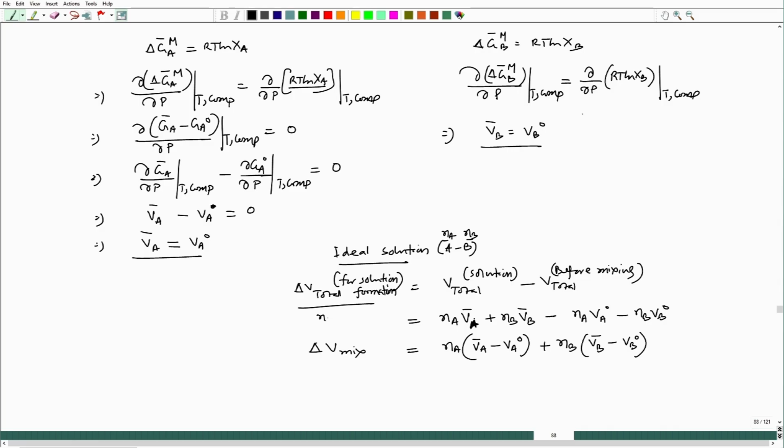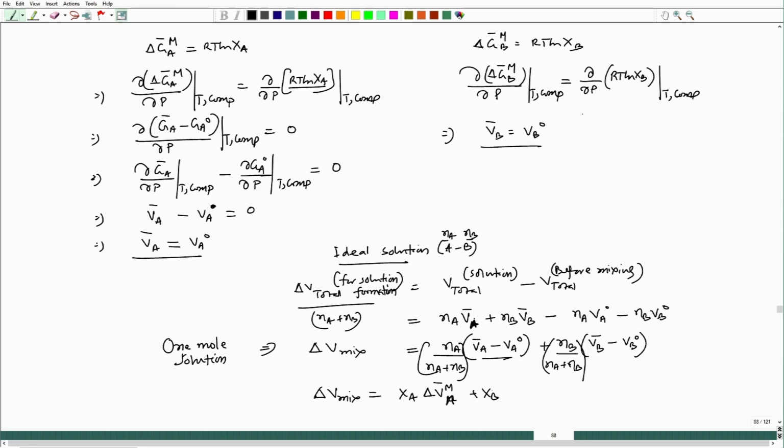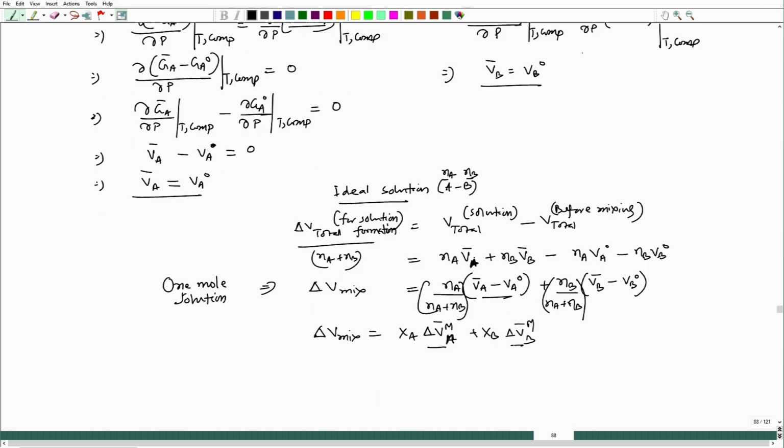So, if we divide this by Na plus Nb, it becomes, for 1 mole of solution, delta Vmix equal to Xa delta Vm A plus Xb delta Vm B. We have already proven that these two are 0.